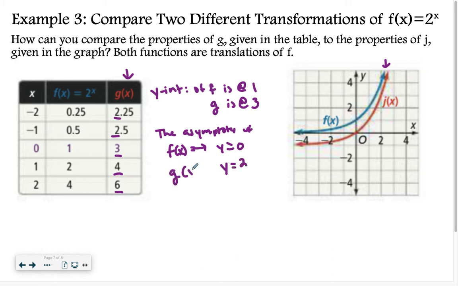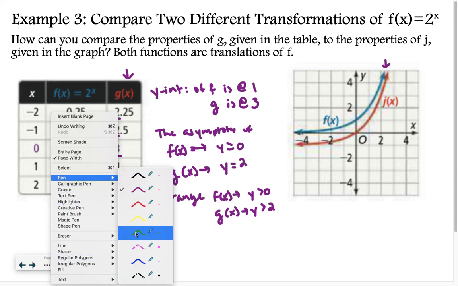Because everything just went up by 2. So those would be the things that changed. And then if we talked about range, the range of f of x is y is greater than 0. The range of g of x would be y is greater than 2. So my intercept changed, my asymptotes changed, the range changed. So I would list all of that information.